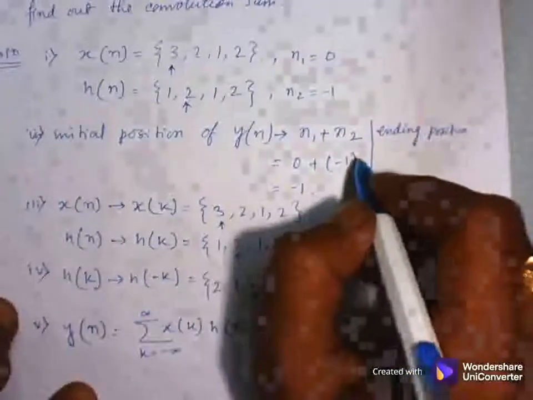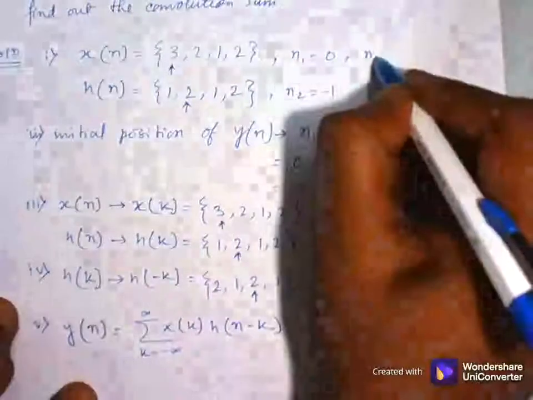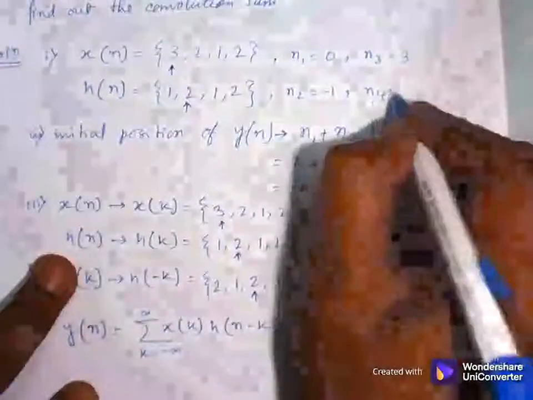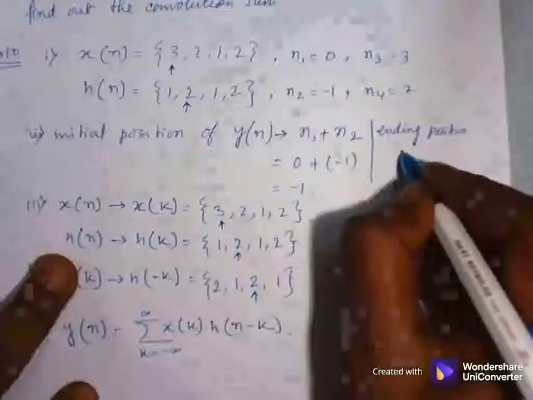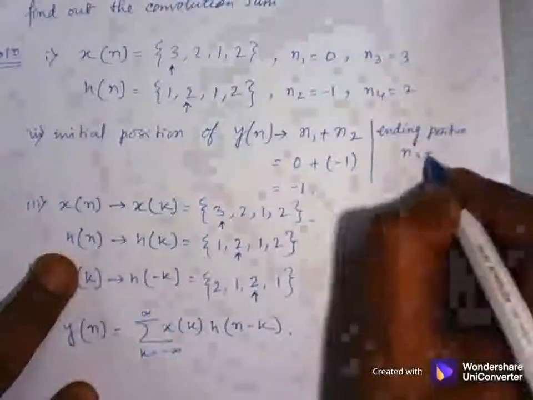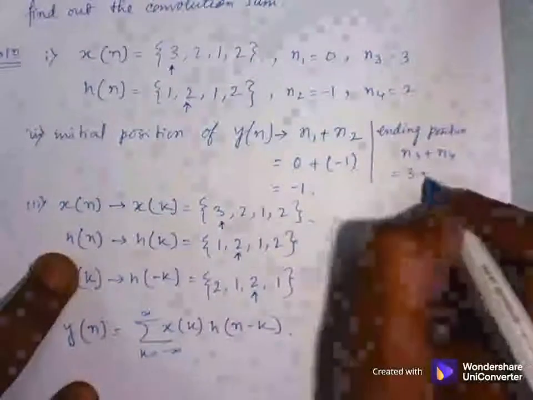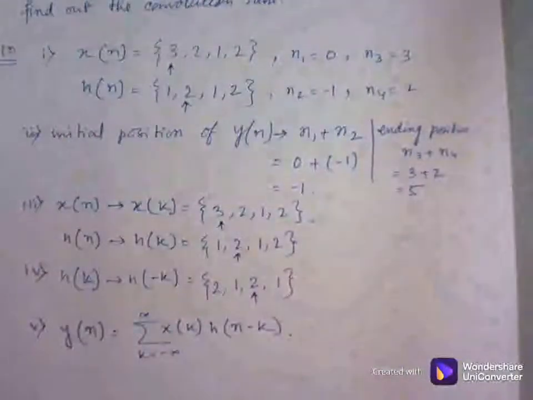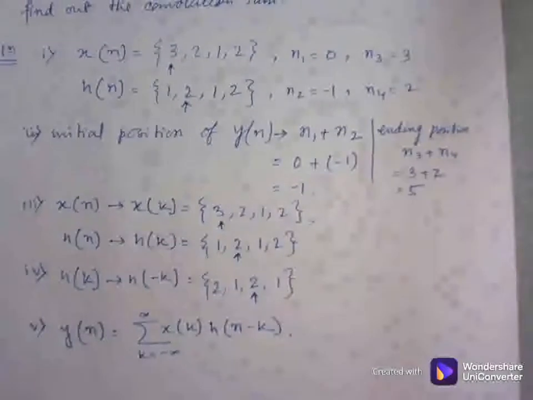The ending position of x of n is 3, that is n3, and the ending position of h of n is 2, that is n4 equal to 2. So the ending position of y of n equals n3 plus n4, that is 3 plus 2, that is 5. That means from -1 to 5 you have to calculate.